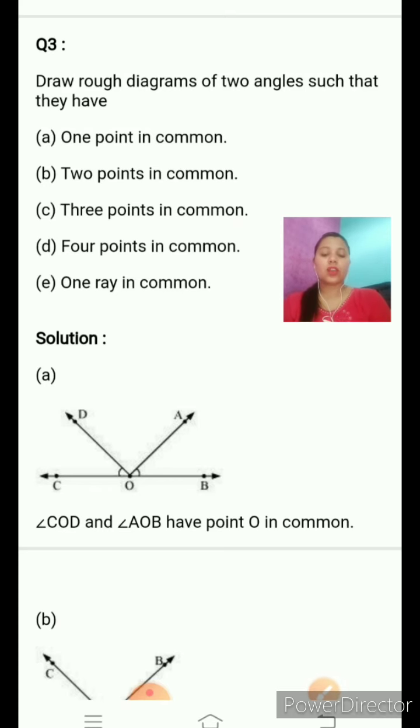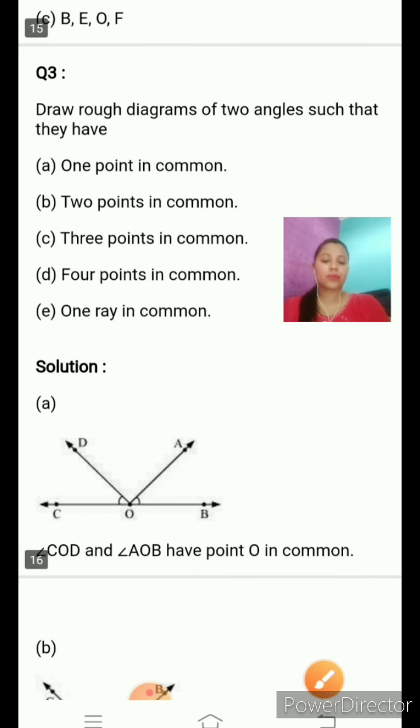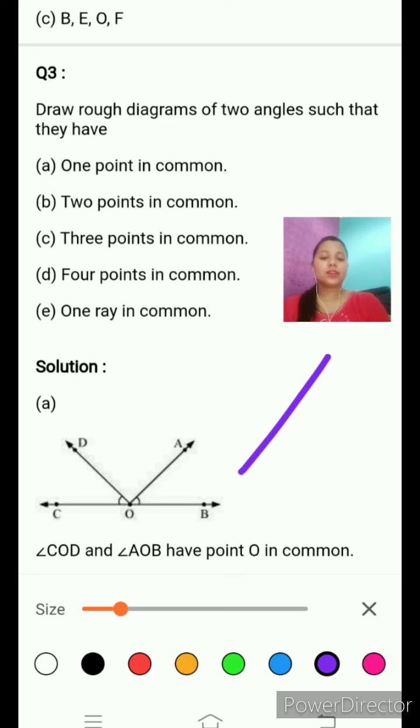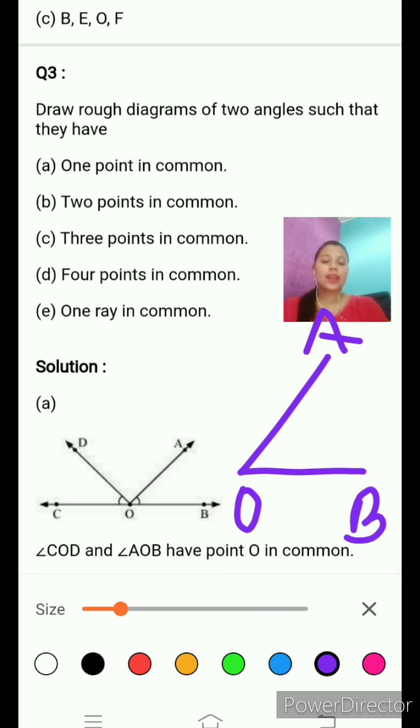Now they are sharing 2 common points. So just draw one angle. Suppose that this angle is AOB, and another angle is AOC.